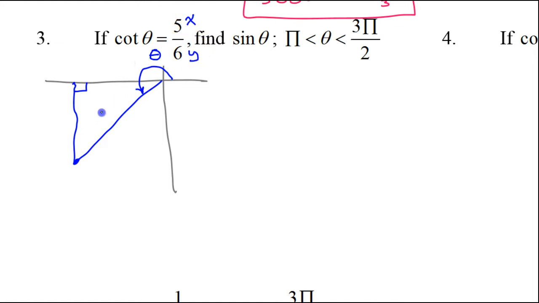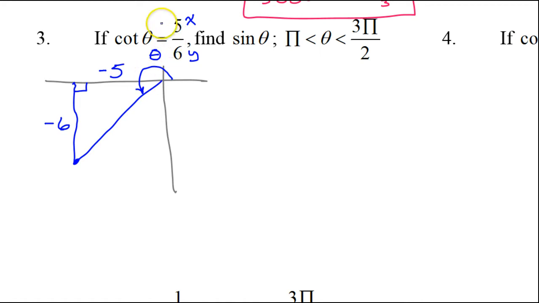That means that 5 is the x value. Okay, so there would be like a 5 here, but wait a minute. This is going to the left, so this really needs to be a negative 5. And y is going to be 6, except this has got to be a negative 6.